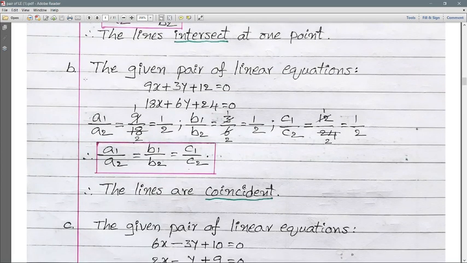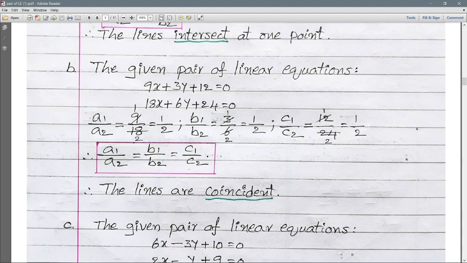Next, question number B. The given pair of linear equations is 9x plus 3y plus 12 is equal to 0 and 18x plus 6y plus 24 is equal to 0. We have to compare their coefficients. So a1 by a2 is equal to 9 by 18. 9 ones are 9, 9 twos are 18. That is equal to 1 by 2.